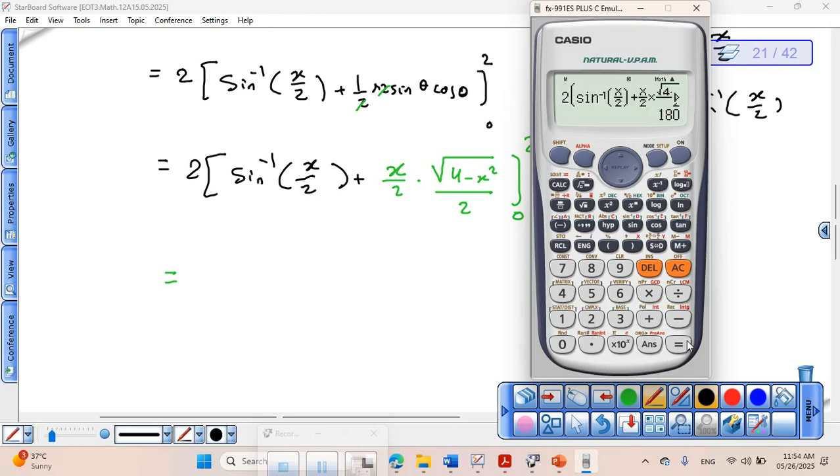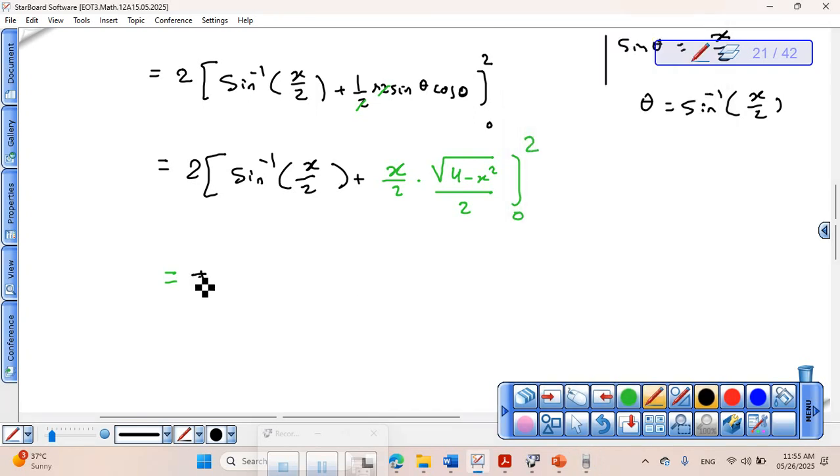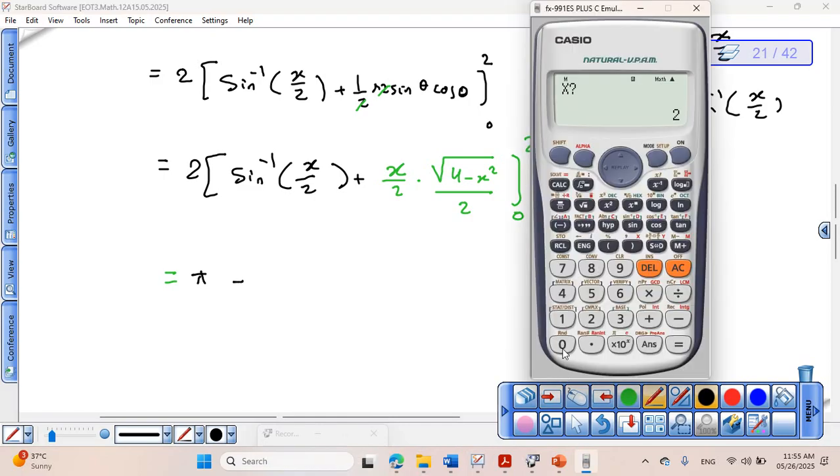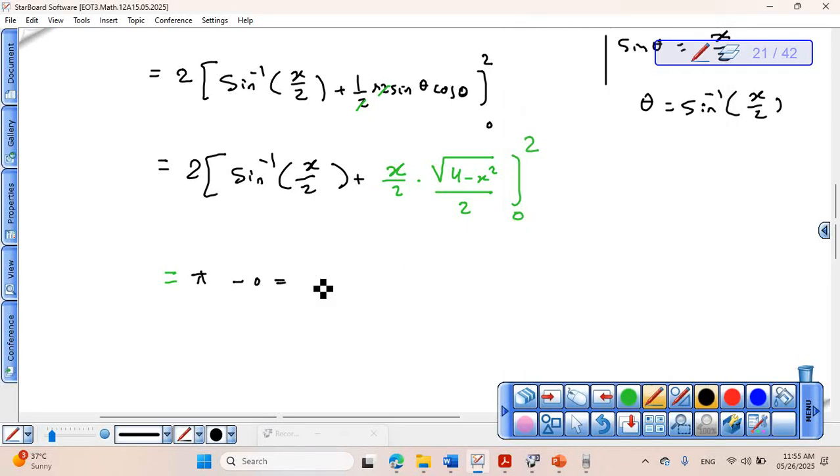What is the answer? 180, but you should change your calculator to radian. Shift mode 4, then calc 2: the answer is pi. Minus calc 0, the answer is 0. Minus 0, this equals pi.